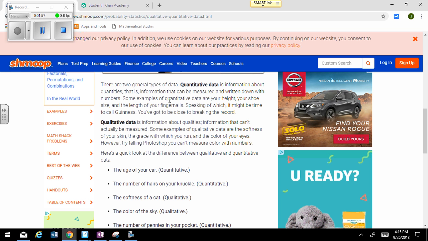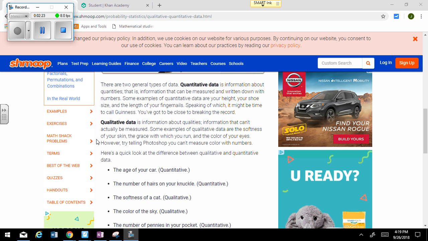Qualitative data, you cannot. It's like you're assigning a color to something. So if you're picking everybody's favorite color, you can do that. Here this says softness of your skin. So that's kind of a weird thing to do, right? Like how do you measure that? Do you go around and touch people's hands? I don't know how you would measure that, but you would find some sort of way to measure that.